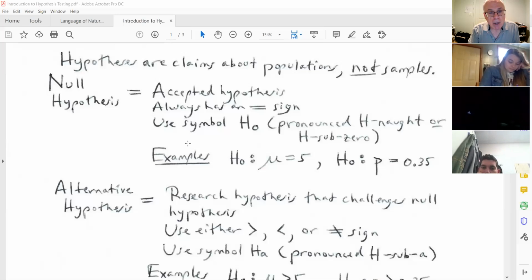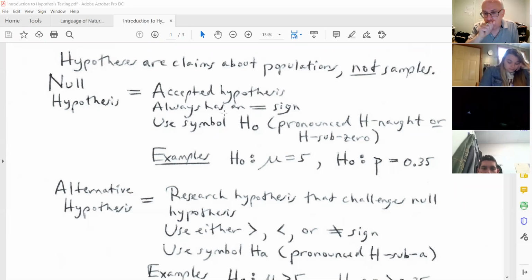So how do we write it? Well, the null hypothesis has this symbol here, H with a little 0 next to it. Some people pronounce it H naught or H sub 0, one of those two. But that's how it's expressed.